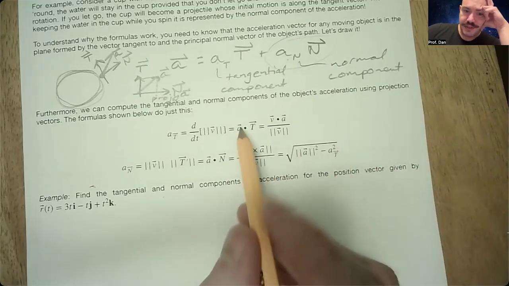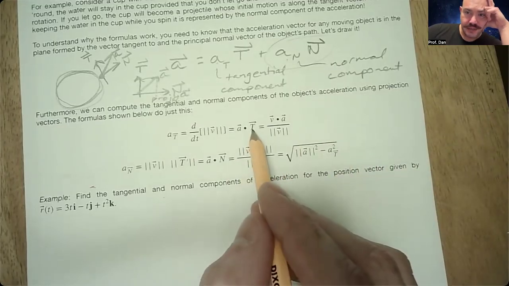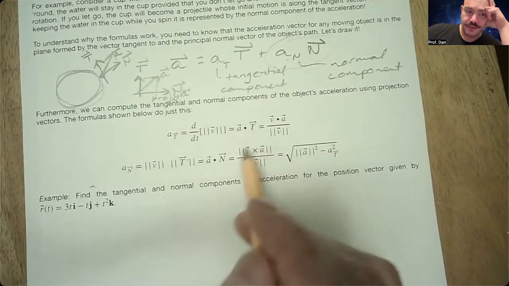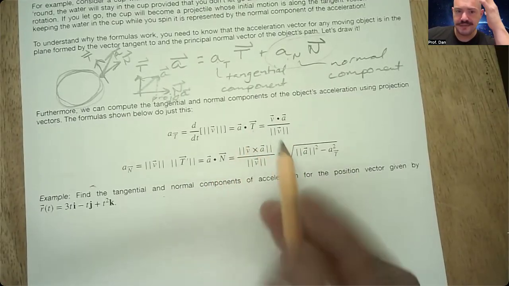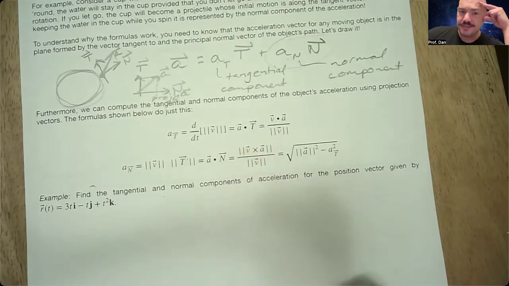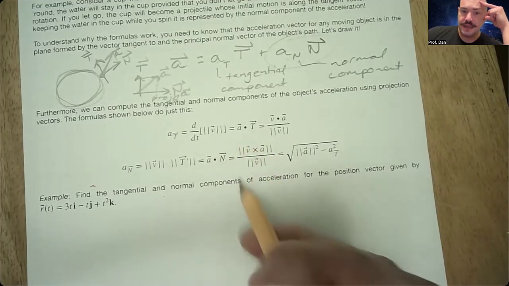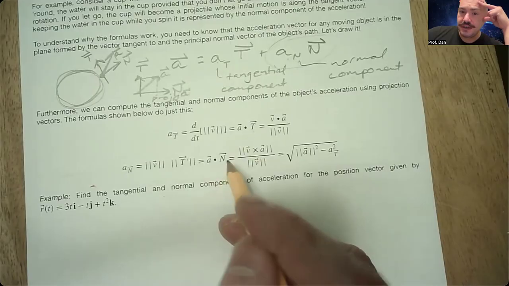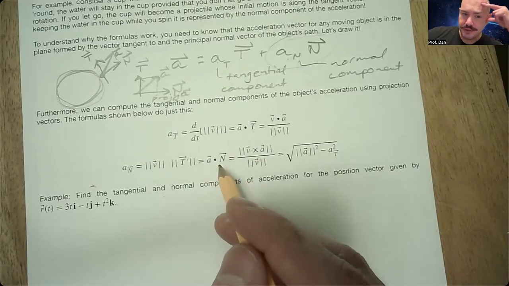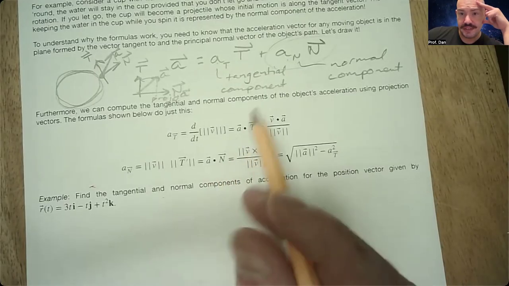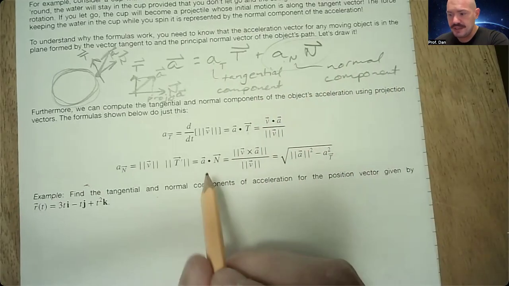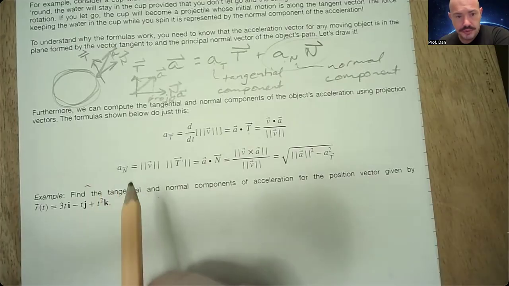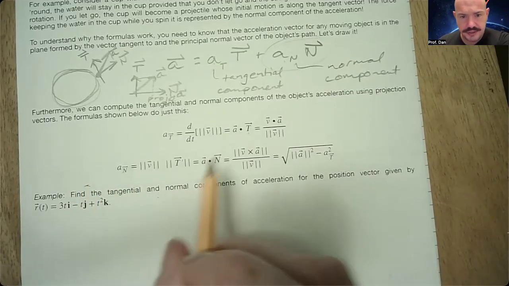If it's easy for you to get your unit tangent vector and you already know what your acceleration vector is, or you can easily find it, then this dot product formula is pretty easy. If it's easy for you to figure out the principal unit normal vector, which we've seen can get very hairy sometimes, then you could use that to find your normal component of your acceleration.